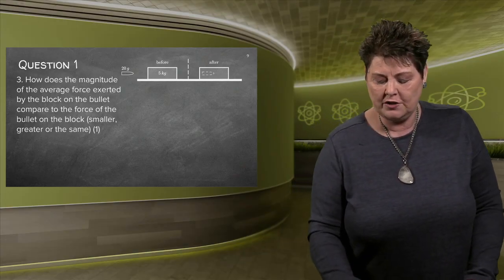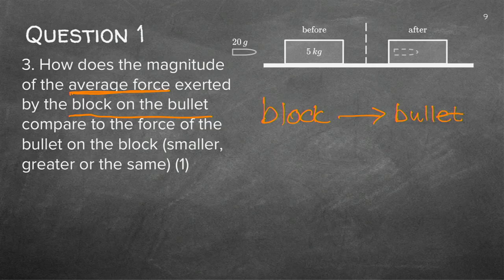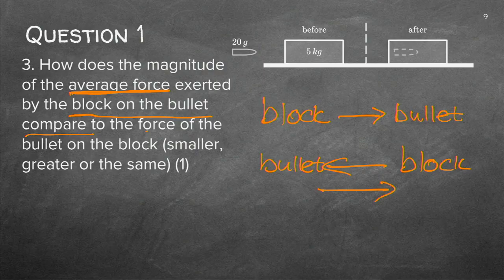The last question. How does the magnitude of this average force, remember we worked out the force just now, exerted by the block on the bullet, I should actually maybe say it's block on bullet because that's what it actually did, how will that force compare to the force of the bullet on the block?